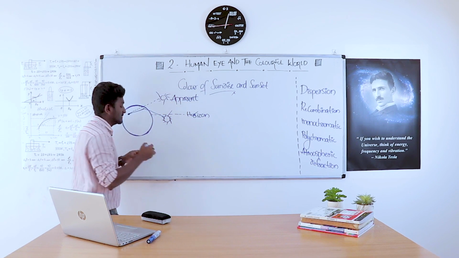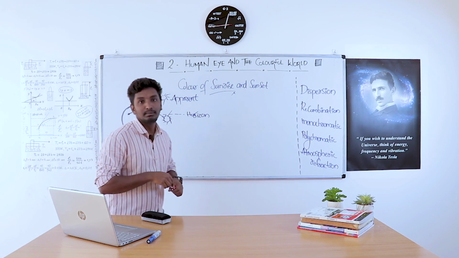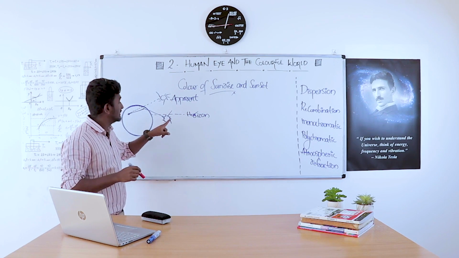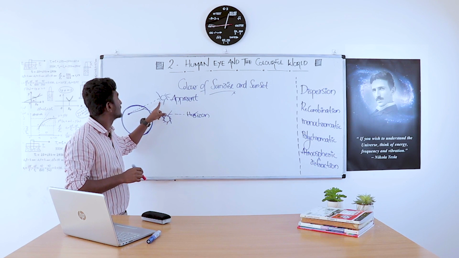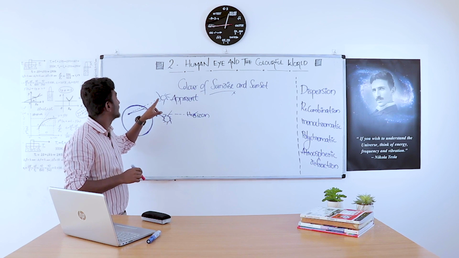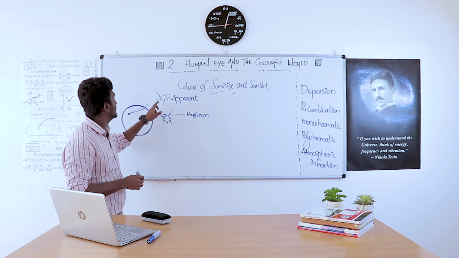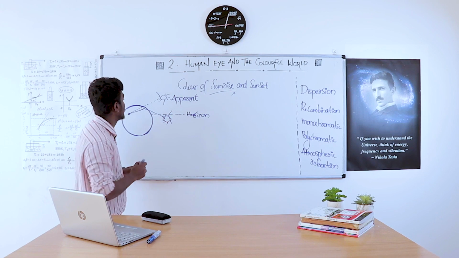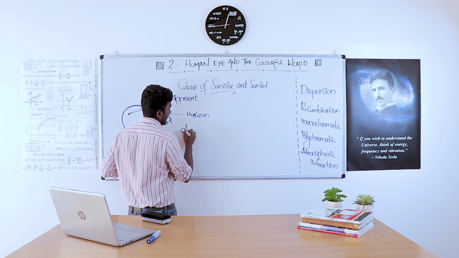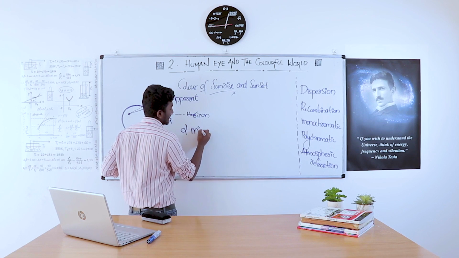So actually the sun is here, but we are seeing it here. This is the position of the sun, and due to this, we are seeing the sun early. That means we are seeing the sun 2 minutes early.